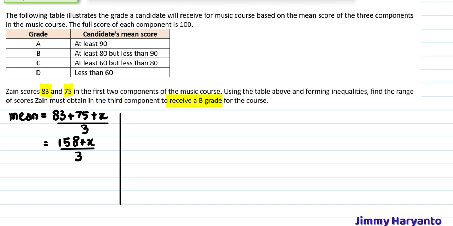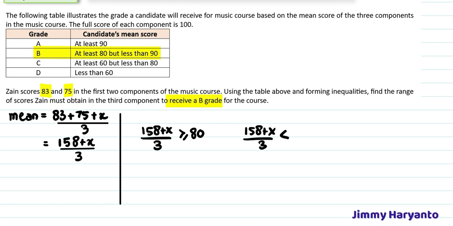So the question wants you to calculate when the candidate gets grade B. It says the mean has to be at least 80 but less than 90. So you will write it down like this. The mean will be at least 80, that means greater than or equal to 80, and the mean also will be less than 90.